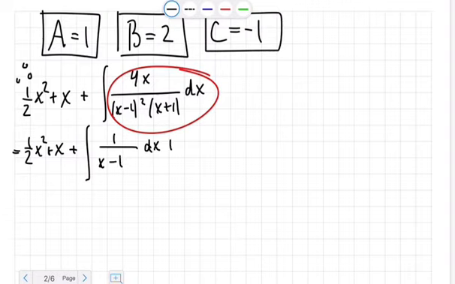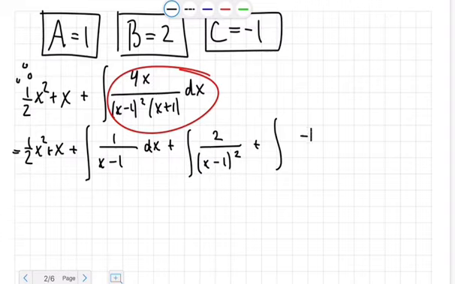We go to the second one, we have b, which is 2, divided by x minus 1 squared. And we go to the third one, we have minus 1 over x plus 1. Let's not forget our dx from here.